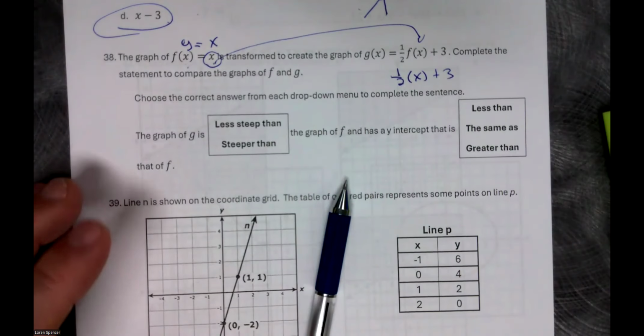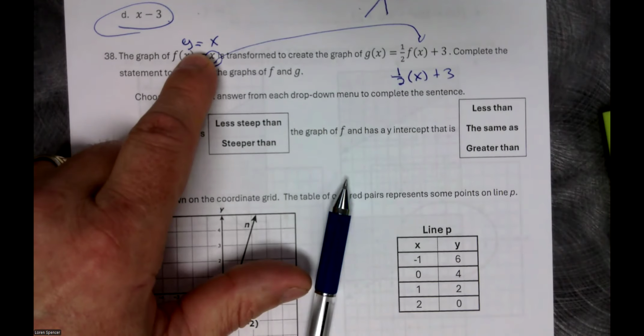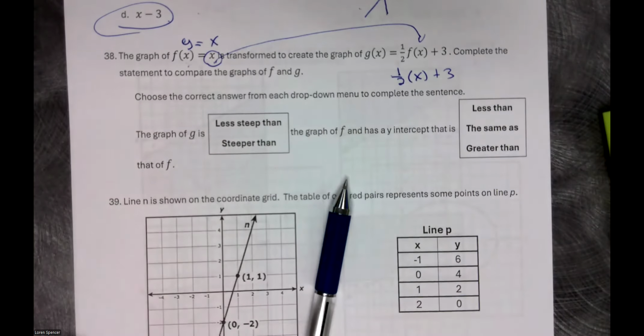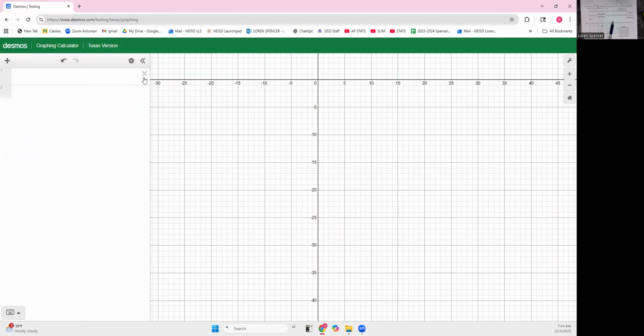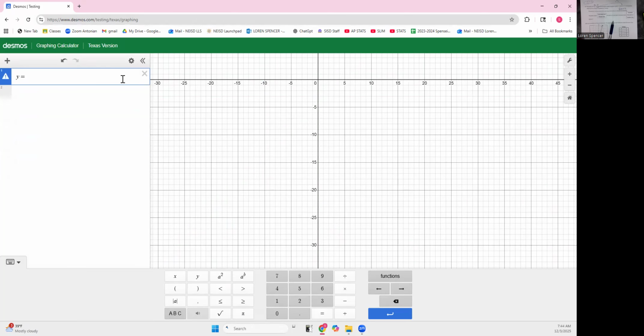So let's plug them into Desmos. I'm going to plug this first one in. It'll be one color, and then the other one will be the other color. So I'm going to go ahead and share my screen. And the first thing I'm going to do is plug in y equals x. So that was our original equation, which happens to be in purple.